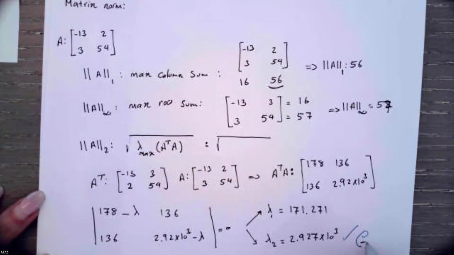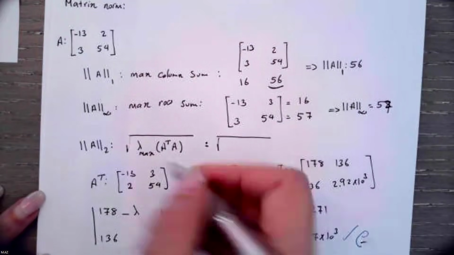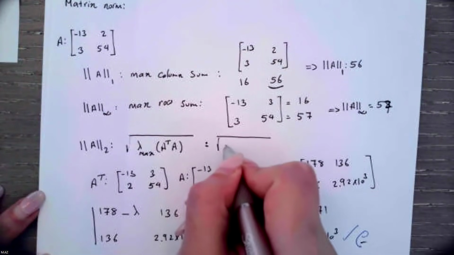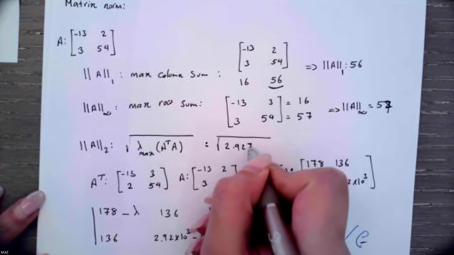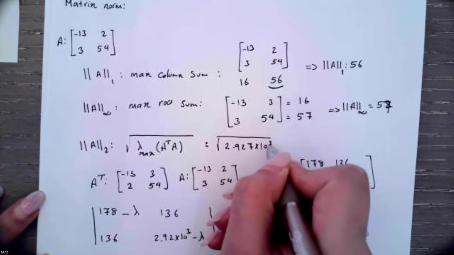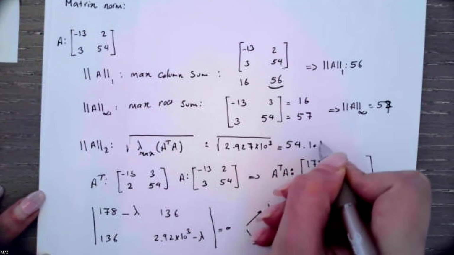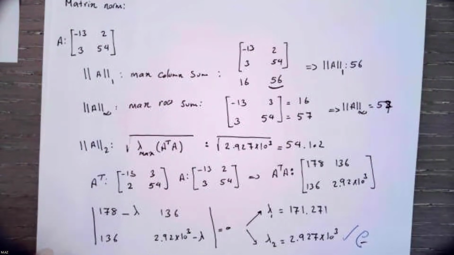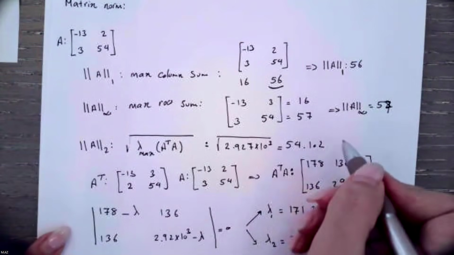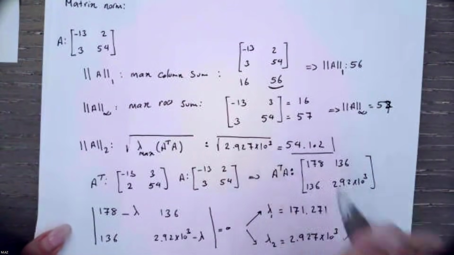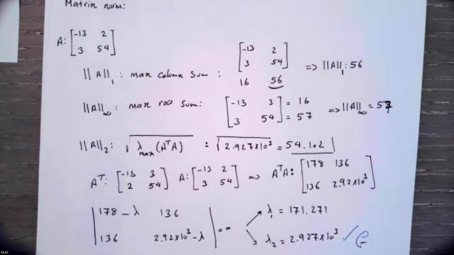Once we plug into the equation, the answer is 54.102. This is the answer for the norm 2 of the matrix A.